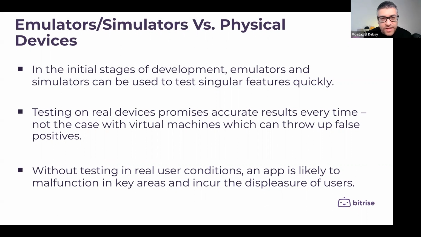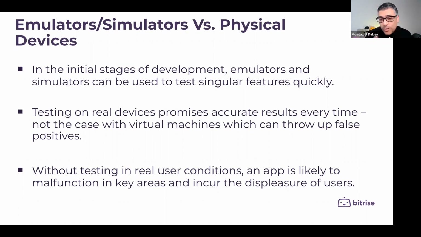From my perspective, if we are in the initial stages of development, emulators and simulators can be used to test a feature quickly. But if you want to deliver the feature to customers, we need to test at least on one real device with different versions to know the behavior of the application on these devices.